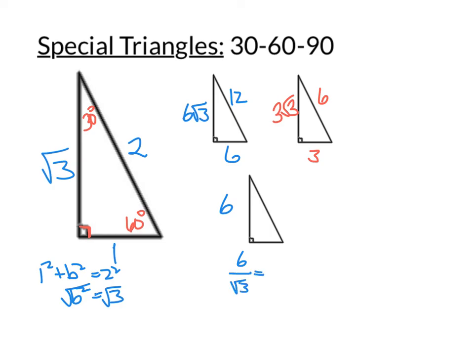Of course, rationalize the denominator, so multiply the numerator by square root of 3 and the denominator by square root of 3, and we're left with 3. Then simplify that fraction as 2 square root of 3, and that's the length of this shorter side. Now, to go from the shorter side to the hypotenuse, we double it. So instead of 2 root 3s, now we'll have 4 root 3s.